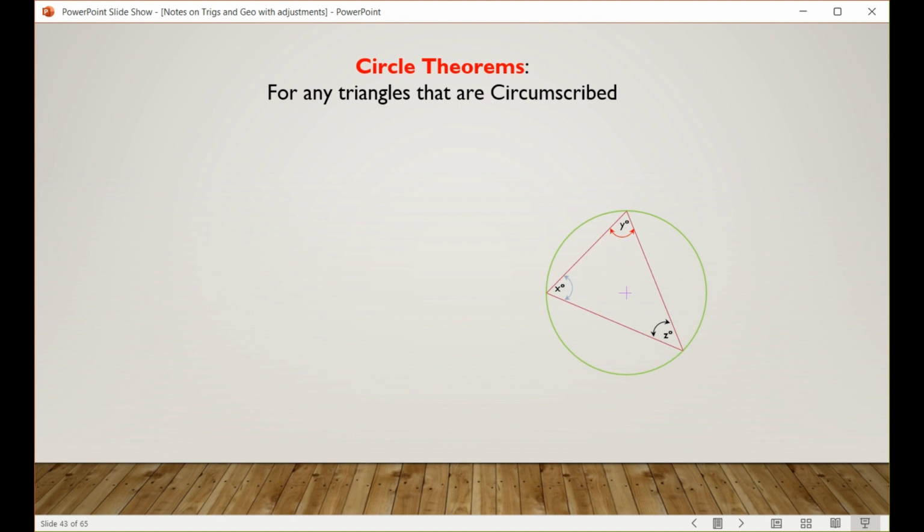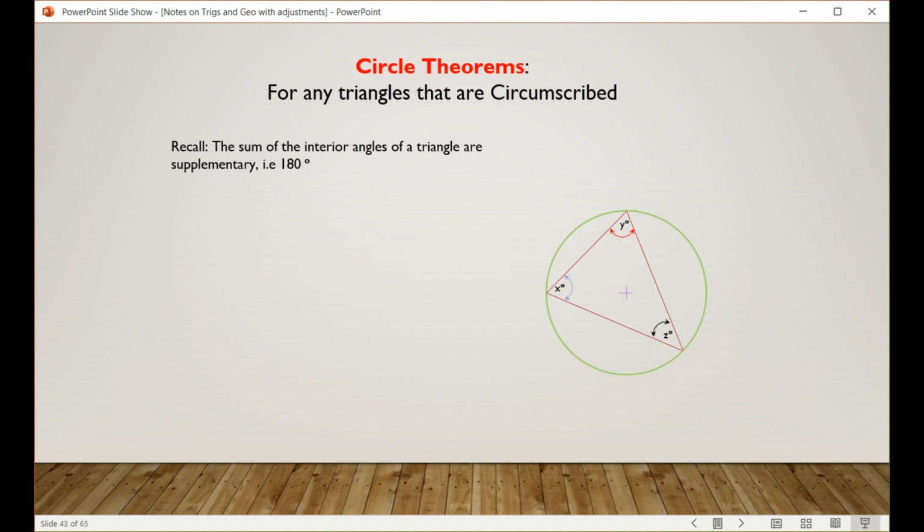So we have a triangle which fits inside a circle. So it's called a circumscribed triangle because it's touching the circumference. And now let's consider the sum of all the angles inside the triangle will add up to 180 degrees, and we're going to prove that here as well.